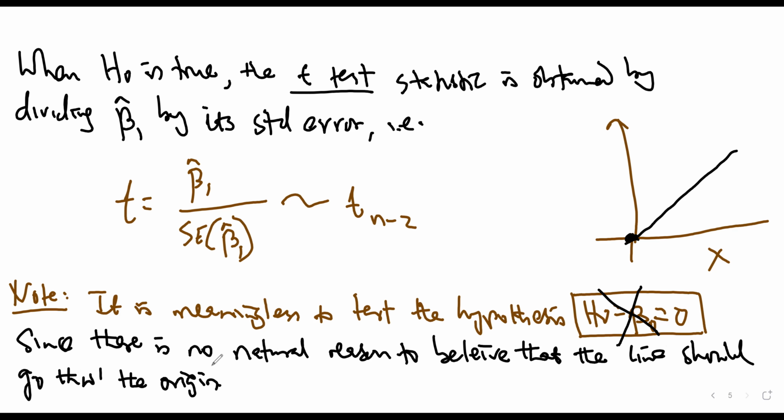So usually we rarely test the significance of beta naught. Now that's a little bit of the theory that will be driving our actions in R. Okay, so let's now go to R.